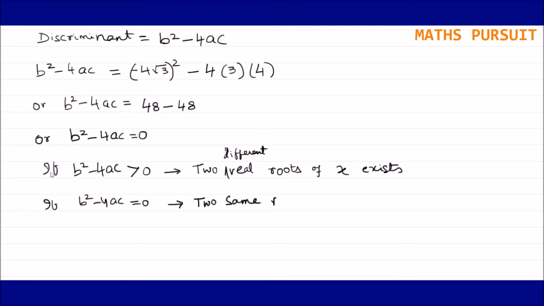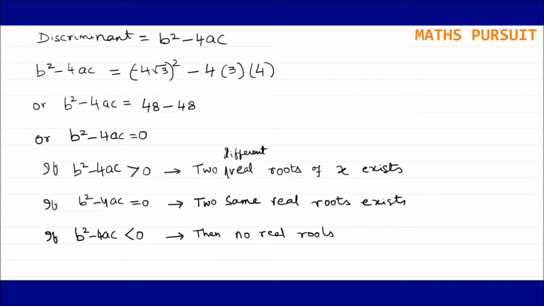Similarly, if b² − 4ac is less than 0, then no real roots exist. So guys, when b² − 4ac is greater than 0, we get two different real roots of x.